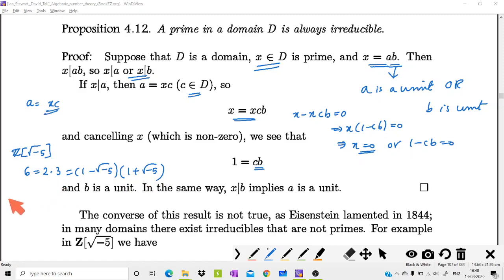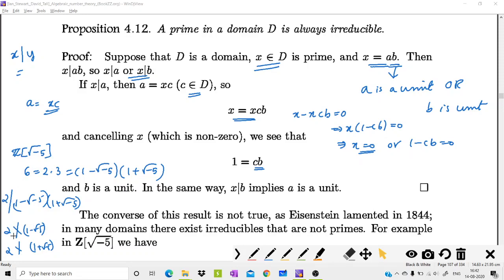So this implies 2 divides the product (1 minus root minus 5) times (1 plus root minus 5), but 2 does not divide each factor, 1 minus root minus 5 and 1 plus root minus 5, because the norm of 2 is 4 and the norm of either of these numbers is 6. Whenever x divides y, we have N(x) divides N(y).